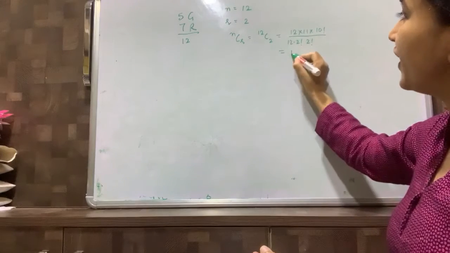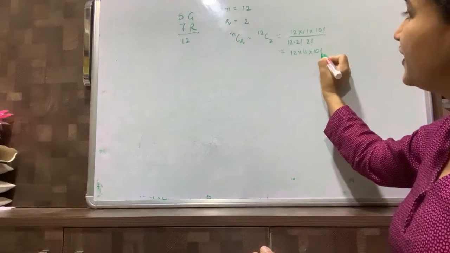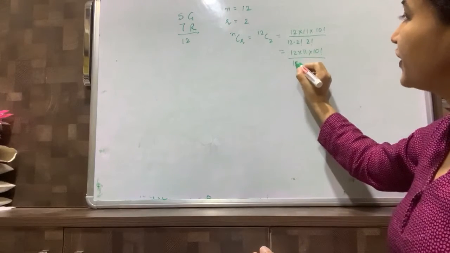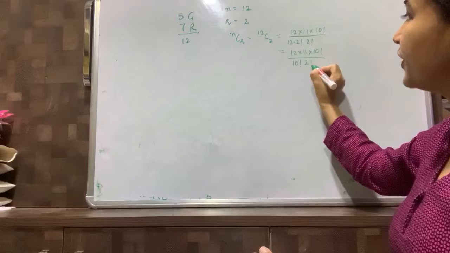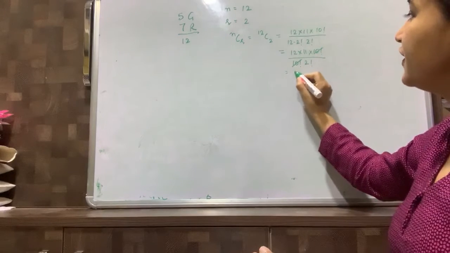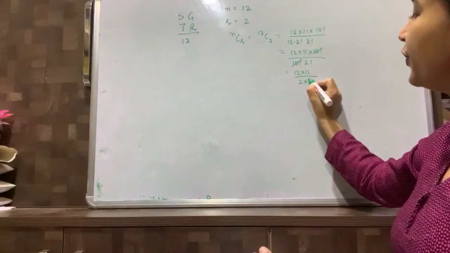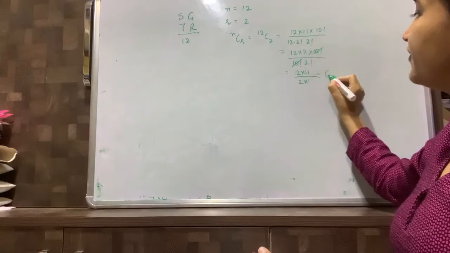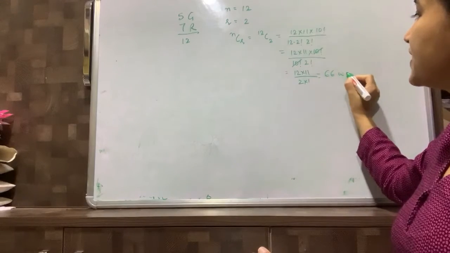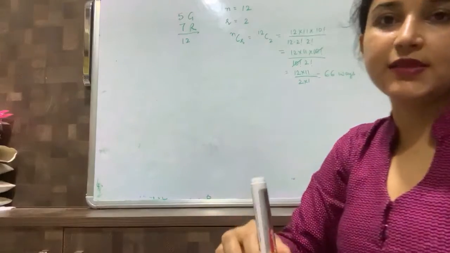So we have 12 into 11 into 10 factorial divided by 10 factorial into 2 factorial. So 10 factorial as it is cancels. We are left with 12 into 11 divided by 2 into 1. So we have 66 ways in which we can draw 2 balls out of this bag.